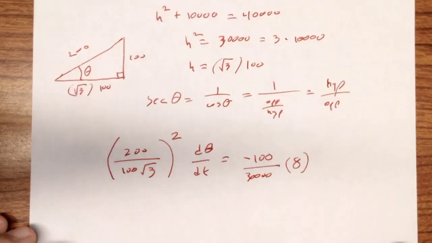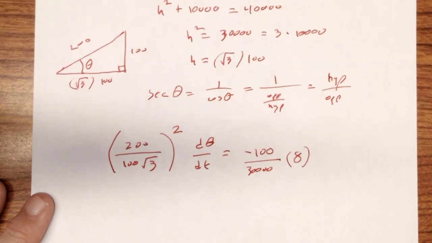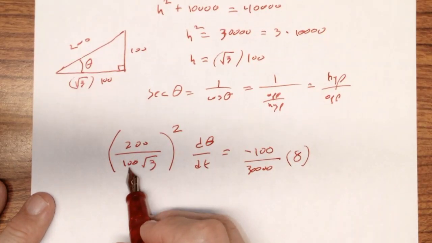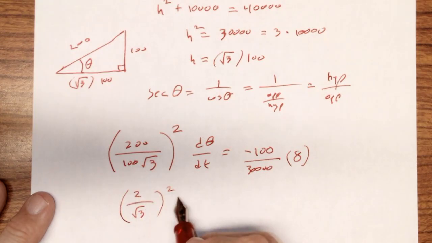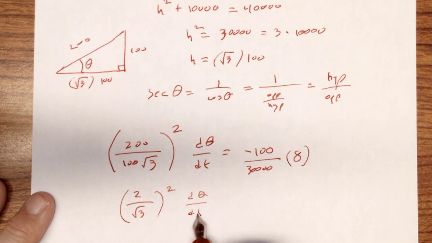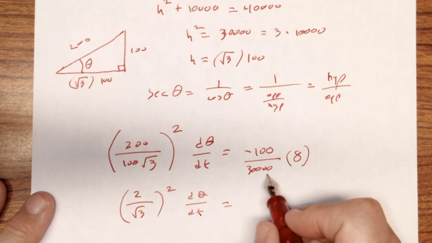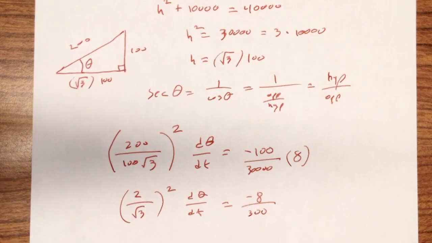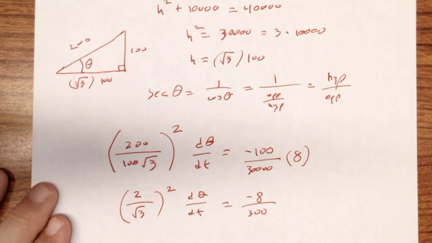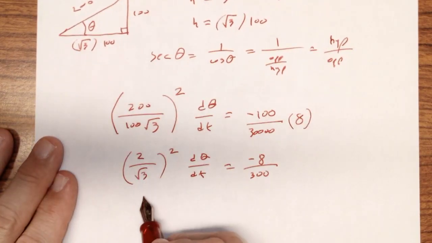I have all the numbers I need. 200 over 100 is just 2. That gets squared. 2 zeros cancel there. I get negative 8 over 300. Square this. Square 2, you get 4.